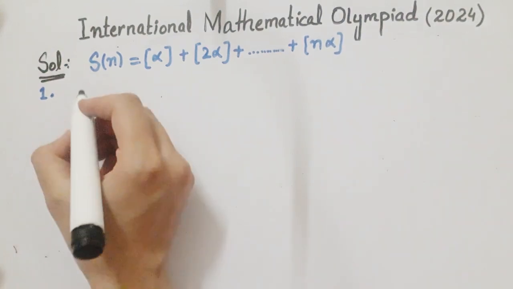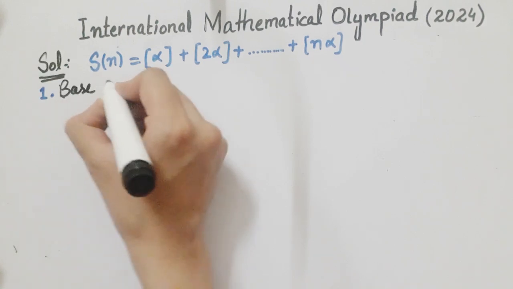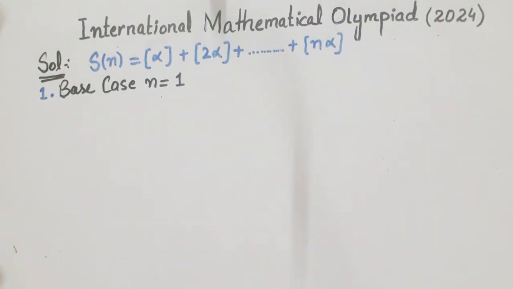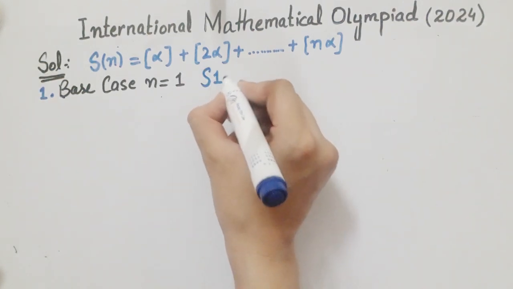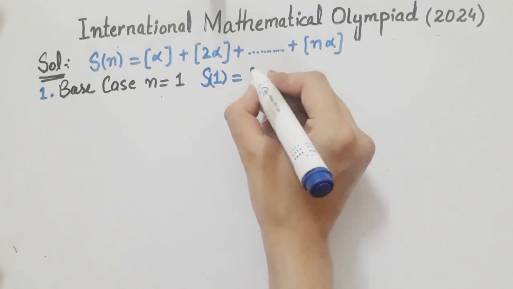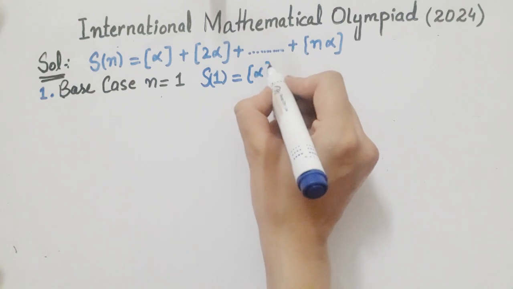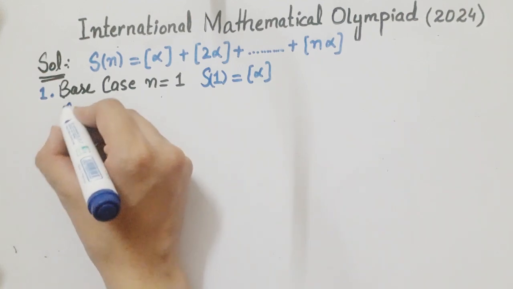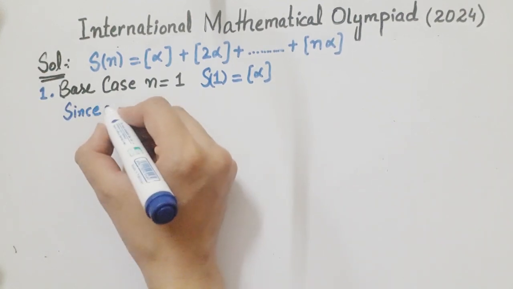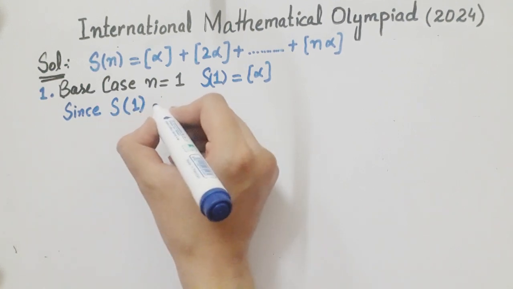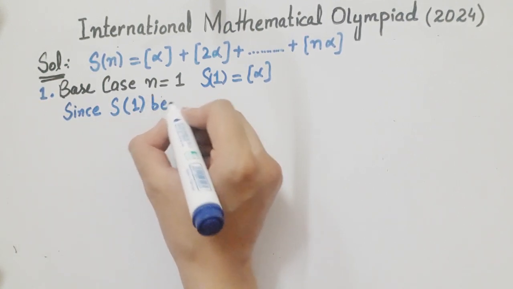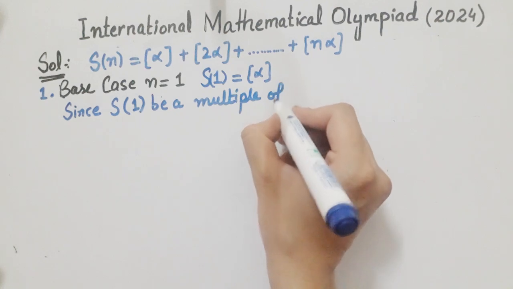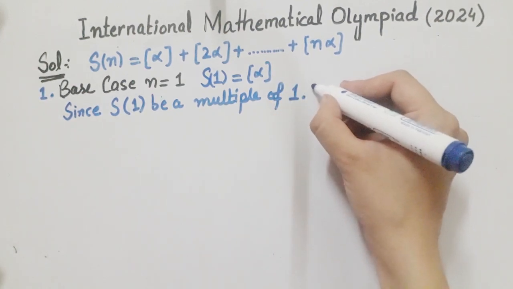case 1: take n is equal to 1. If we take n is equal to 1, we will get S of 1 is equal to floor(alpha). So, since S of 1 must be a multiple of 1, this condition is always true.